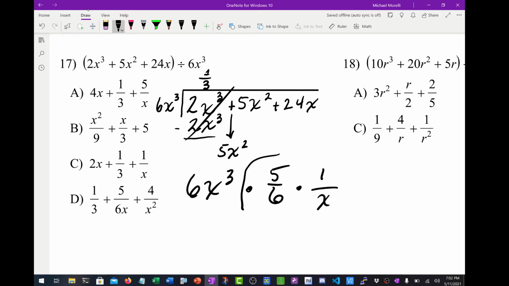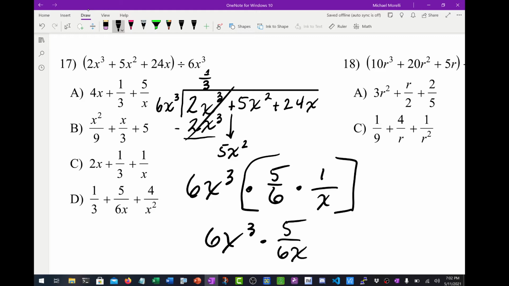So we're going to multiply 6x cubed by 5/6 and then by 1 over x. Well, can't we just combine those together? Can't this just be 5 over 6x? Yeah, indeed, it can. So what I'm really going to do is I'm going to take 6x cubed and multiply by 5 over 6x. Okay?